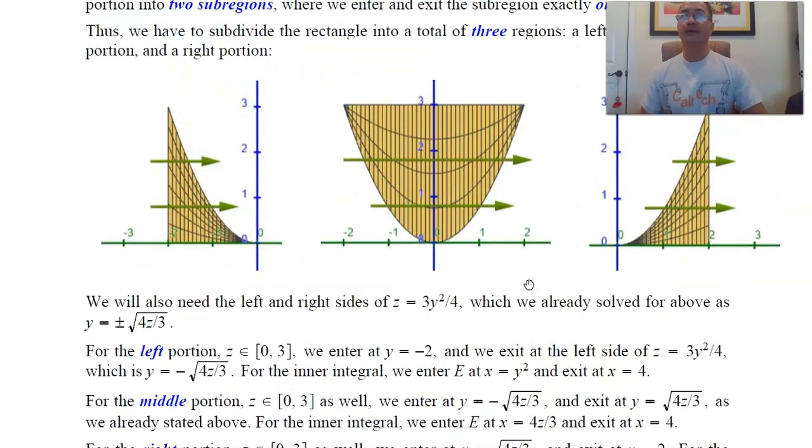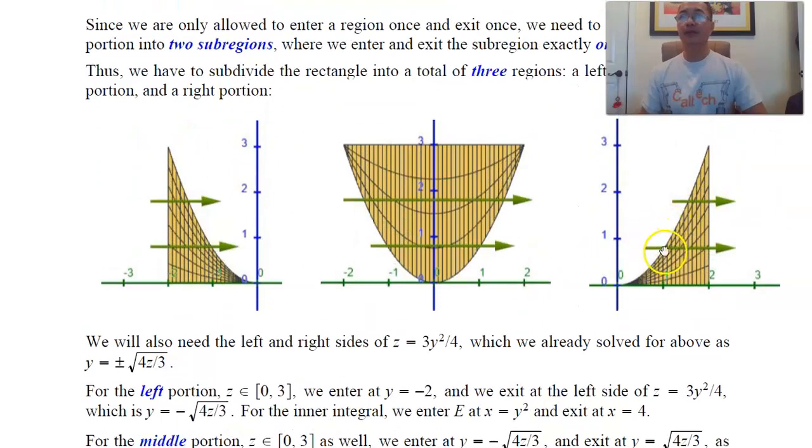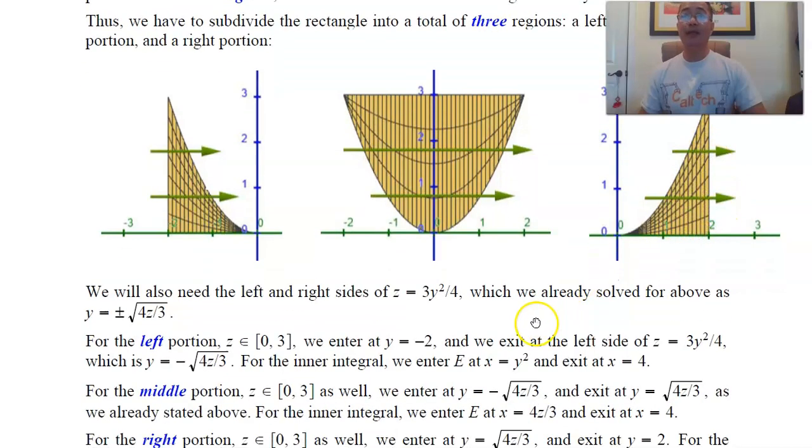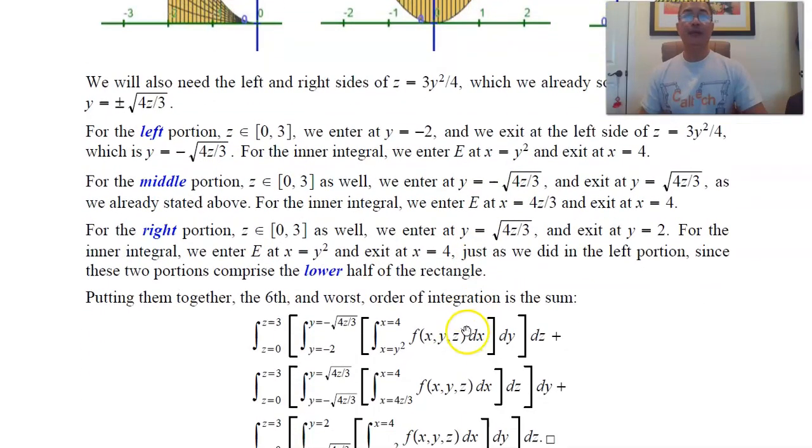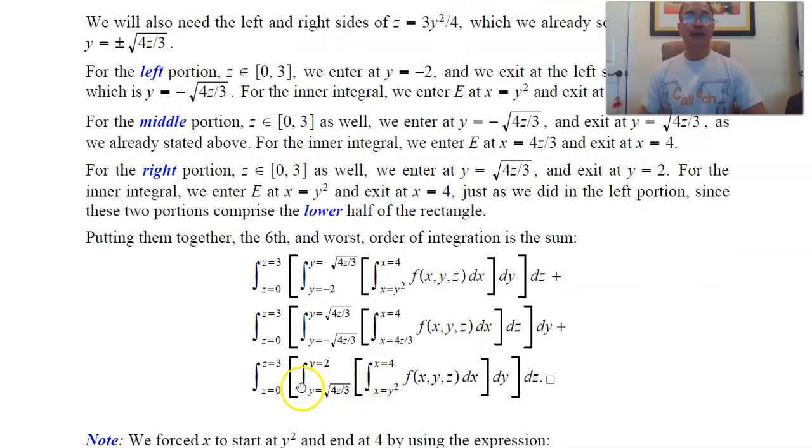Final part, entering at the positive square root, exiting at y equals 2. Phew! Okay, so that is, of course, the last, and save the worst for last in this case. Okay, so there we have it.